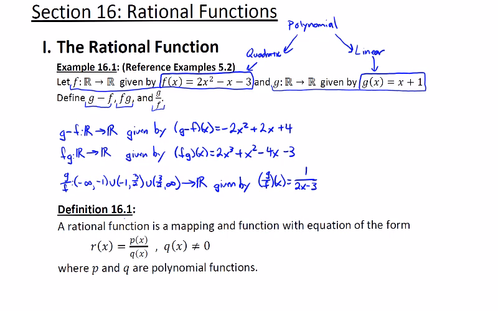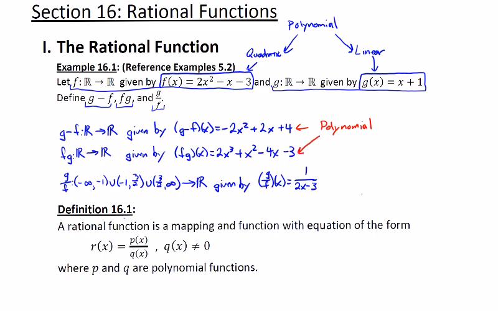Now, when you subtract these two polynomials with g minus f, the result is another polynomial. And it happens to be another degree 2 polynomial, or quadratic. For multiplication, f times g, your result is also a polynomial.